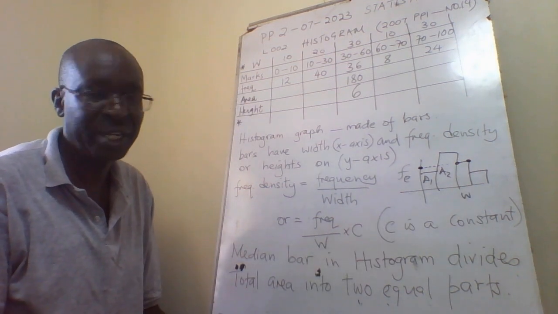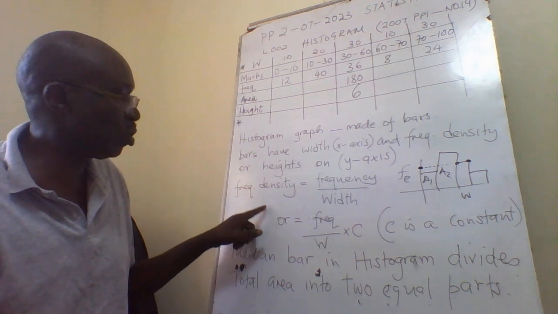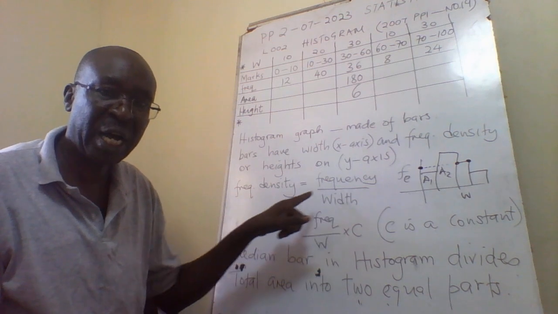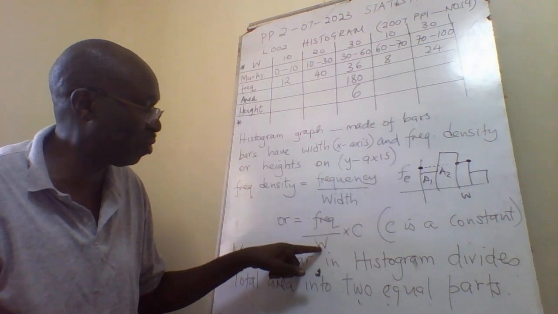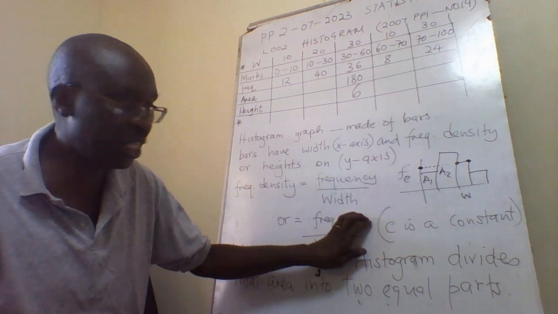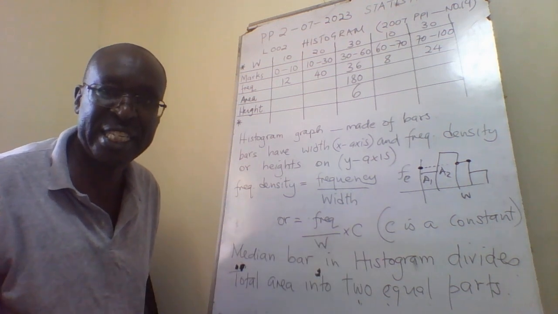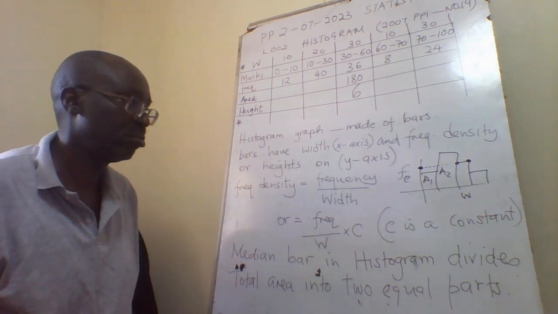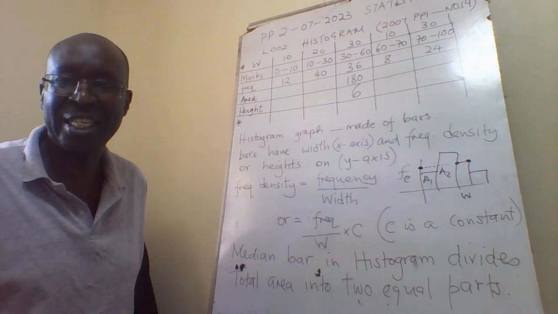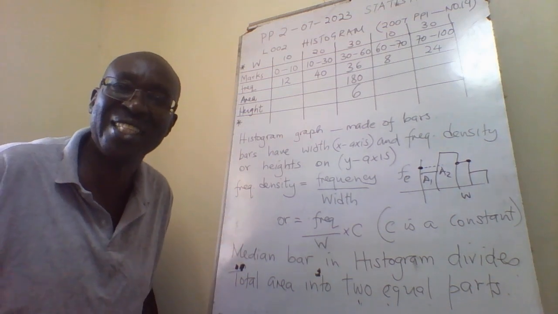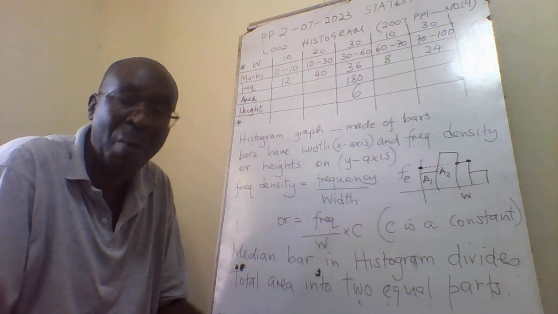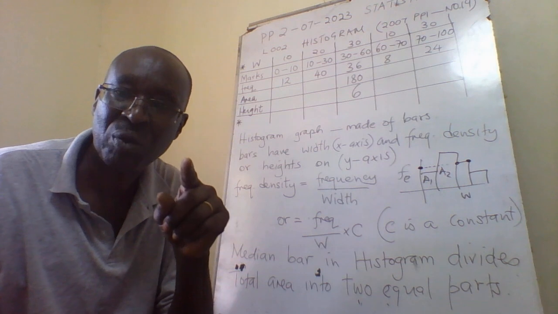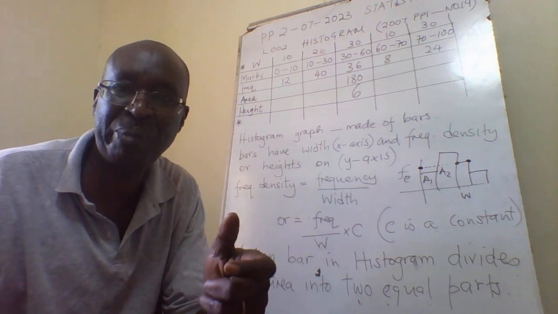That's what we mean. You need to know the formula: frequency density is frequency over width. And some books have frequency over width times C. So this C is a multiplying factor to eliminate the decimals, or to make the heights the way you are comfortable. But I am repeating, whenever you have decimals, it's better to use a multiplying factor.